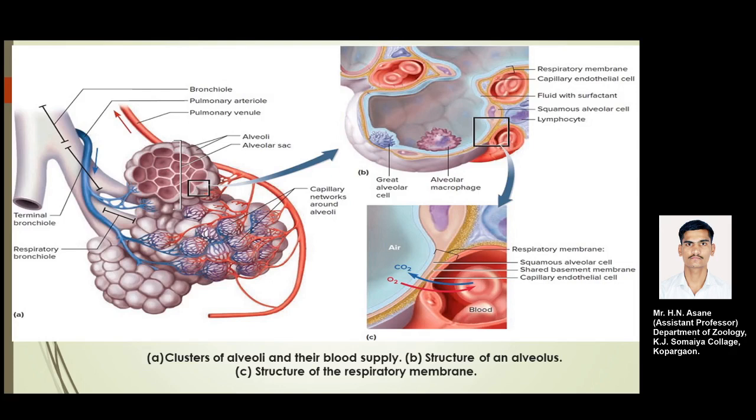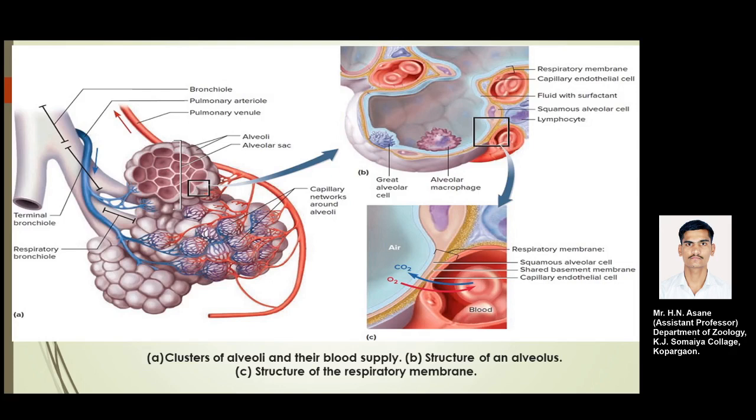And the atrium is the space between the alveolar sac and the ends of the alveolar duct, connected by means of this atrium, which is a muscular portion.